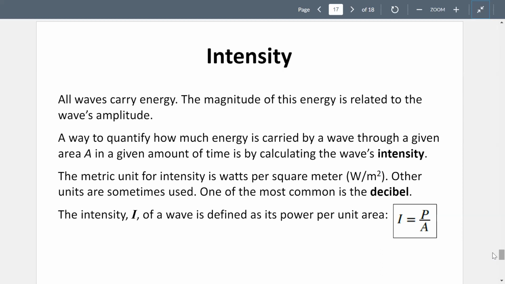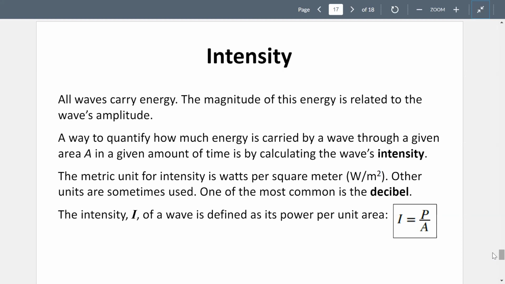And so the intensity, we relate that to the amplitude, and the way we measure that is with decibels. Okay, watts per meter squared, decibels. That relates to the amount of intensity.